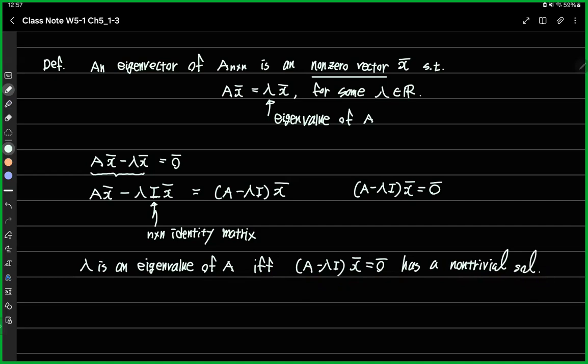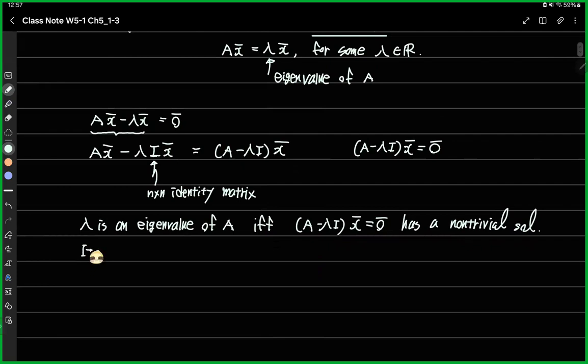And that means A minus lambda I, this is a matrix, is not invertible, isn't it?